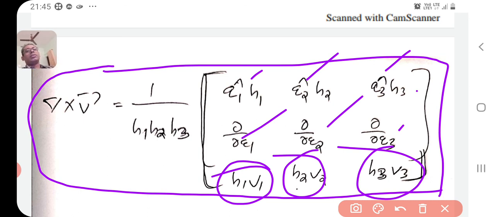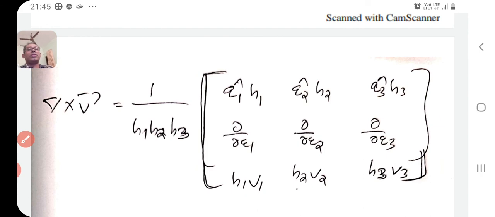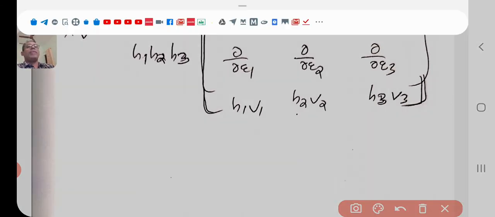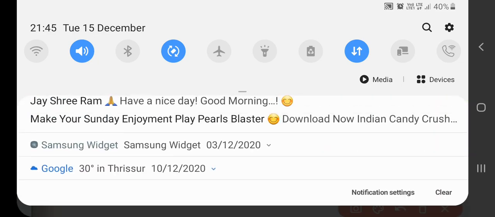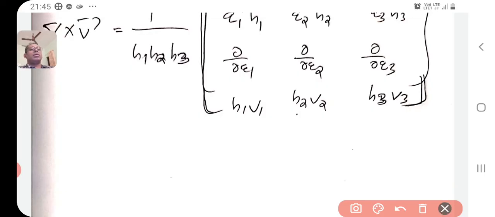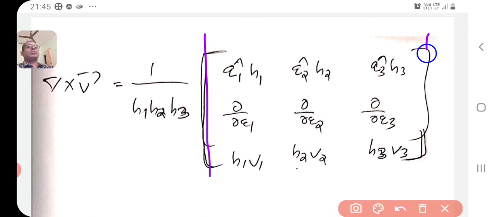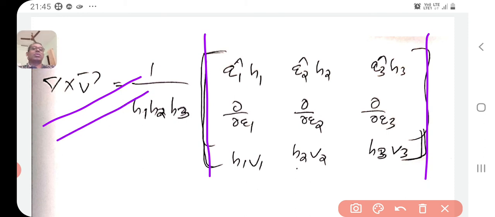This is actually a determinant, not a matrix. When we evaluate it, we get the required components. So this is the expression for del cross V.